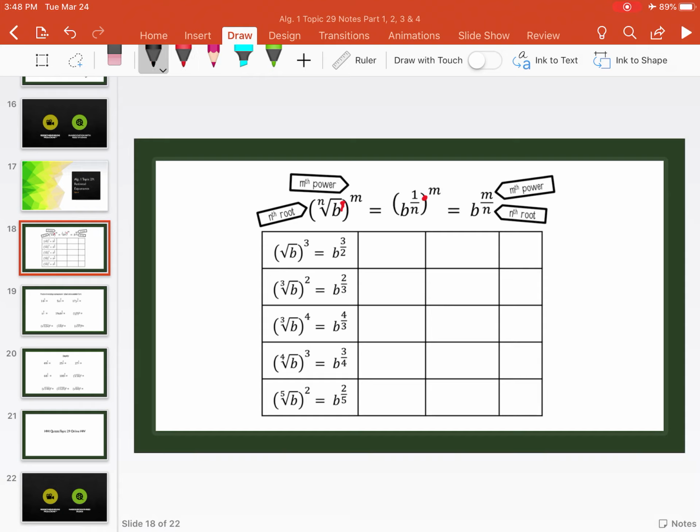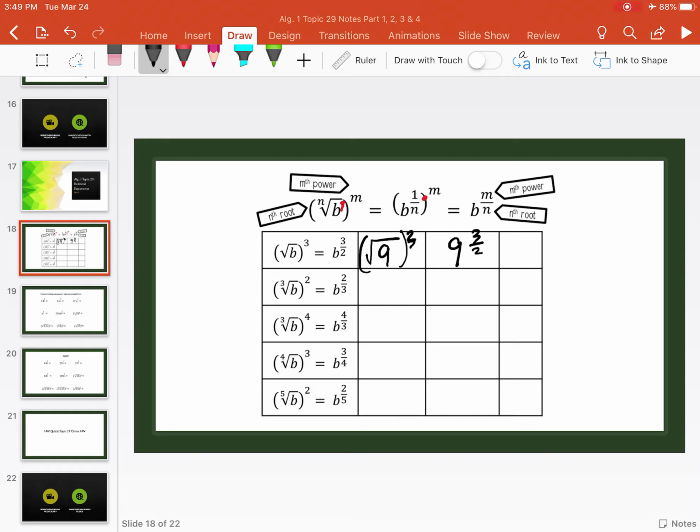So we're going to do a few examples just like we did for part 3. The square root of b cubed, or b to the 3/2, is the same thing if we have the example square root of 9 cubed. And that's the same thing as 9 to the 3/2.